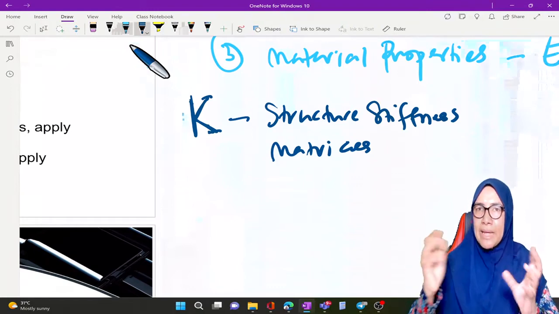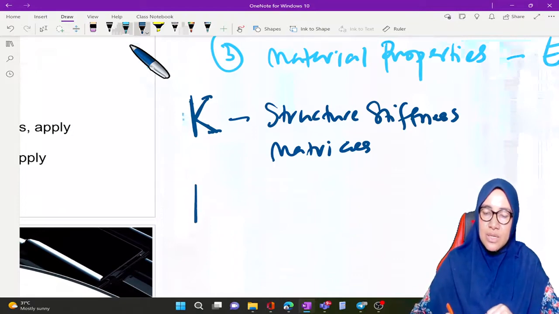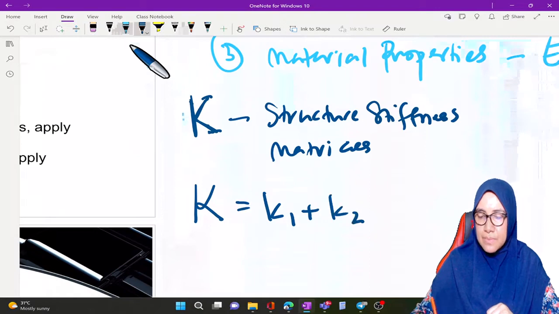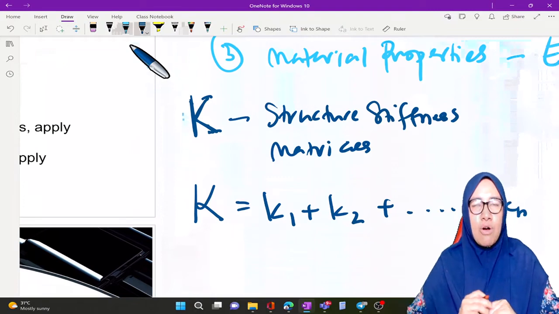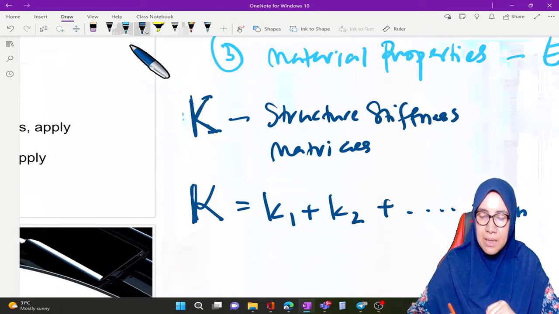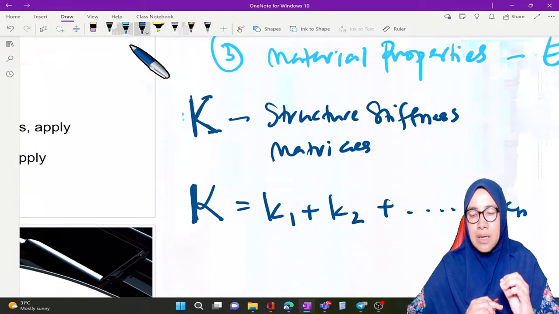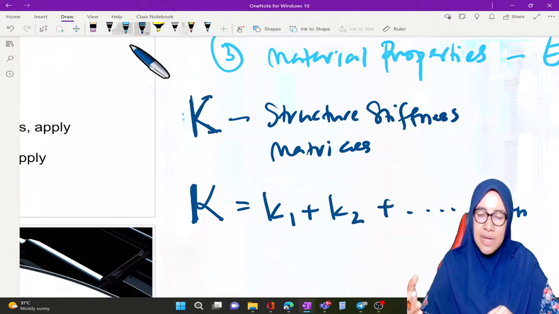So we have to combine them to get back the structure. It is called the structure stiffness matrix, the sum of K for N elements in the structure. Capital K is for the structure stiffness matrix. Small k is for element stiffness matrices.